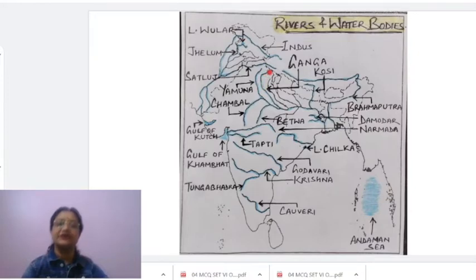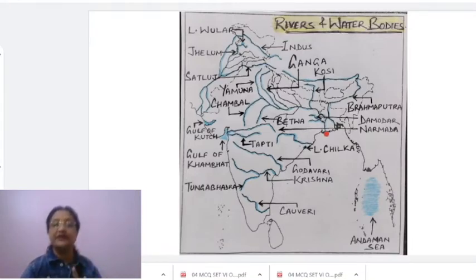It's starting from here. As it starts from here, it continues like this, and you have to mark it till the end, till where it is joining the Bay of Bengal. So the Ganga River has to be marked till the end.